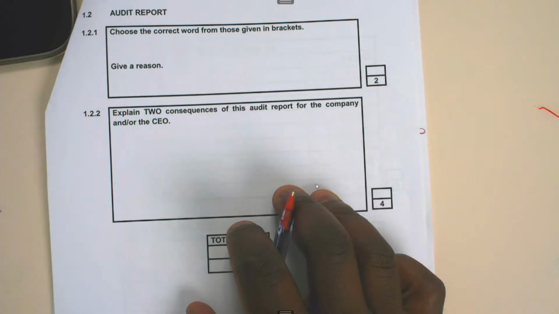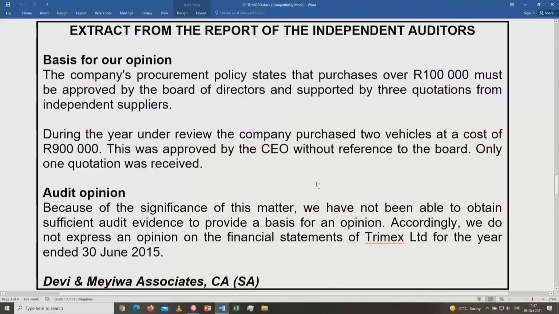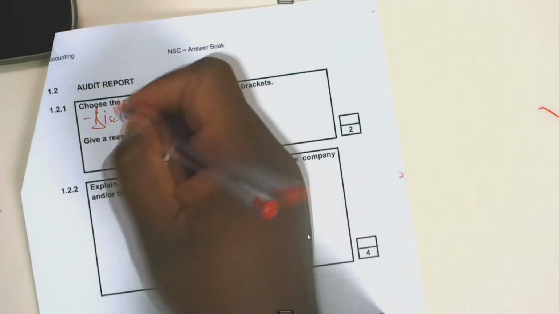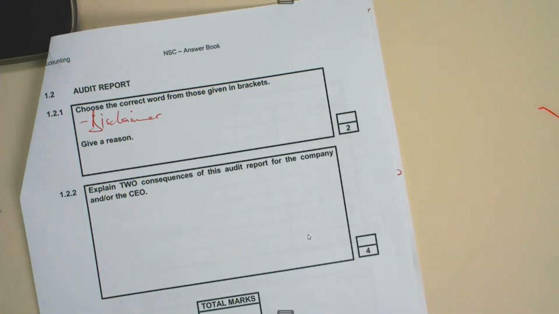So now, because the auditor has clearly stated here, no, we do not express an opinion on the financial statements. They do not express, and so now it is a disclaimer. Now remember, disclaimer, not at all can an audit opinion be expressed by the auditor.